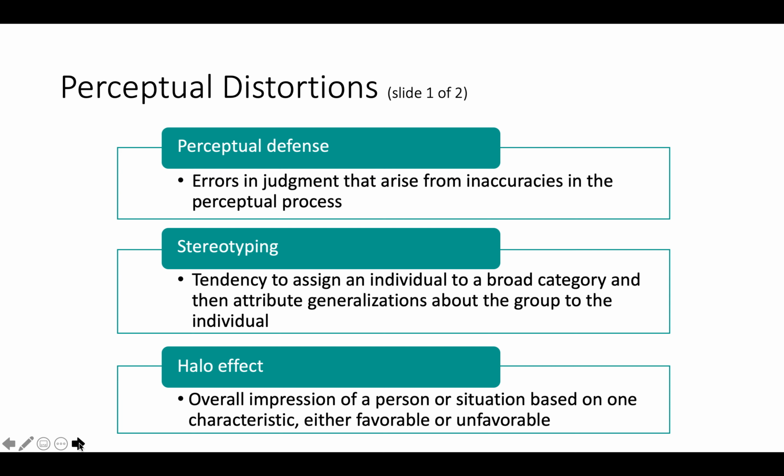For instance, women can't drive. That's a stereotype. Or men are not good bringing up children or whatever. You take an individual and you categorize that person to a broad generalization.